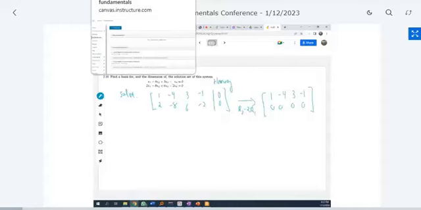Now, in fact, this is reduced row echelon form. Why? Because there's only one leading non-zero entry, and there are zeros in that column. These are all non-leading entries, so they can be anything.